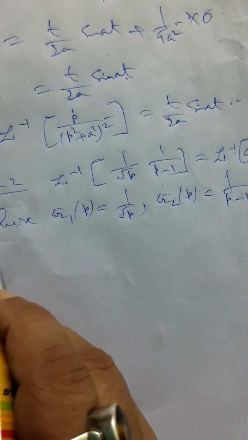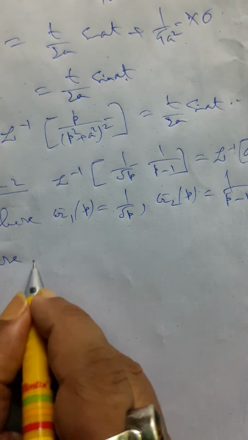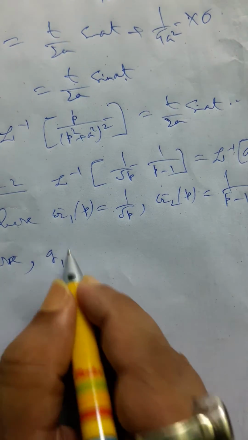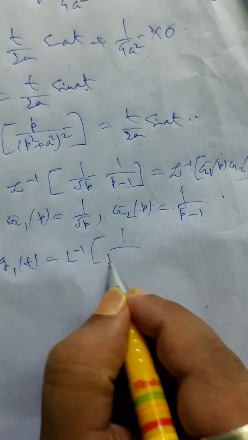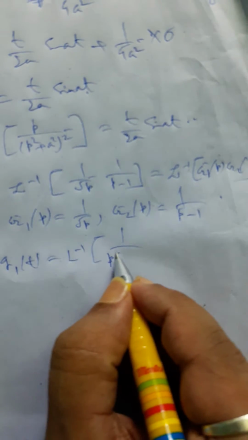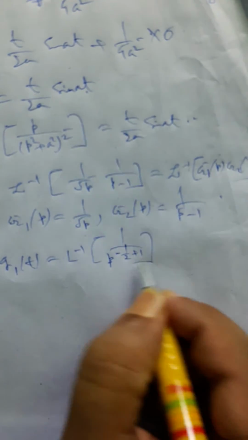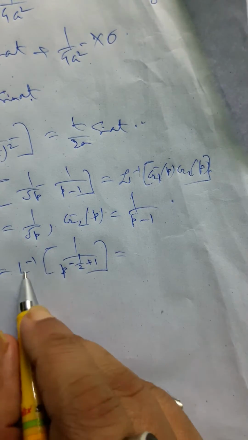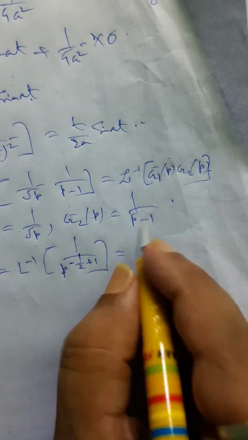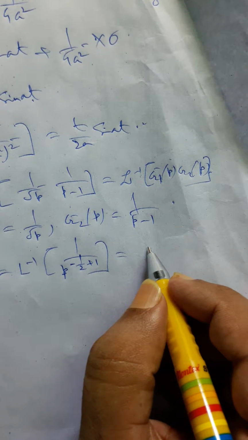So here g1 t will be L inverse of 1 by p to the power, here half is written as minus half plus 1 in this way. Now the formula is L inverse of 1 by p to the power n plus 1, that is t to the power n by n factorial.